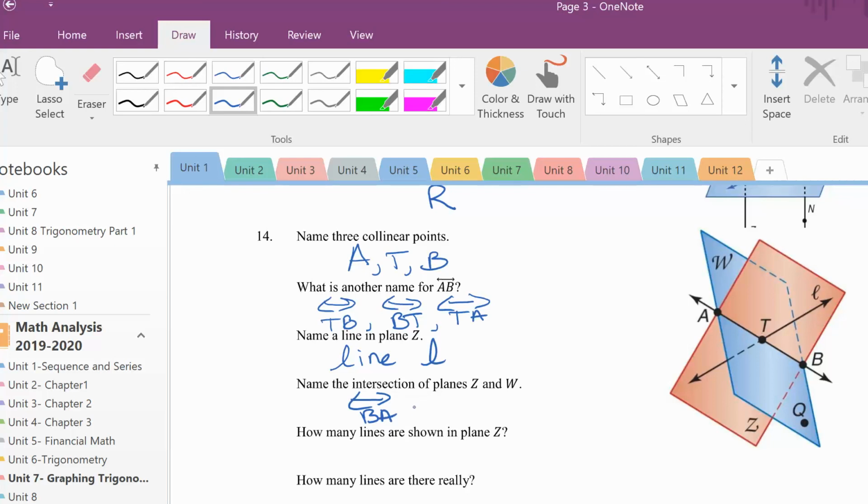Or you could call it line AT or line BT. Either way, it's the same line.